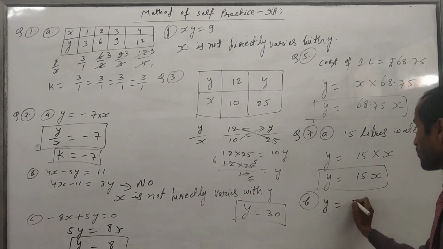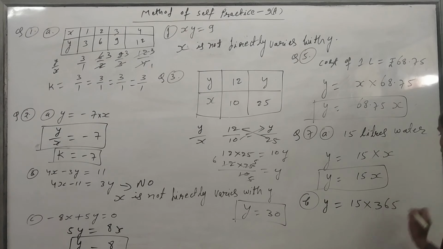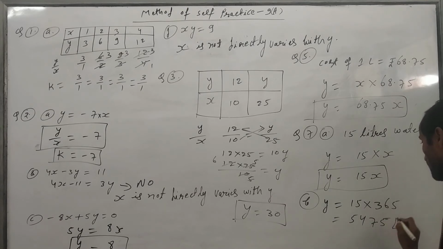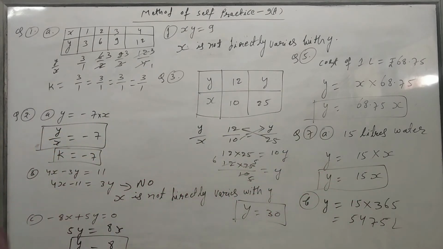So y is equal to 15, and in place of x we put 365 days. If you multiply, it will come 5475 liters of water. So this much water she can save in 1 year. Now question number 8, just try yourself.